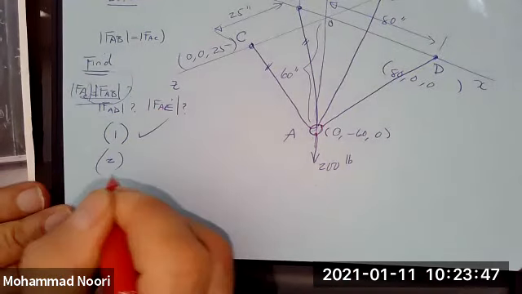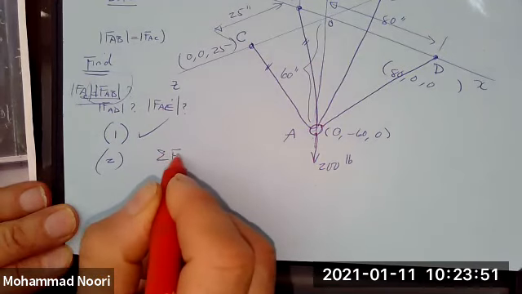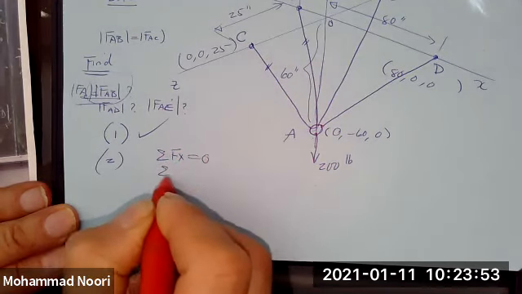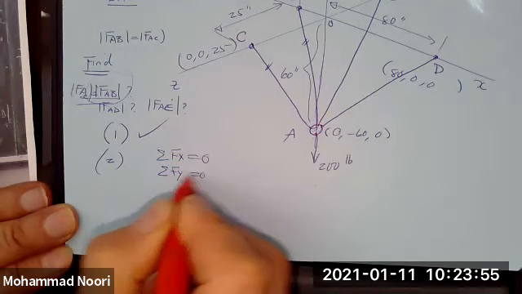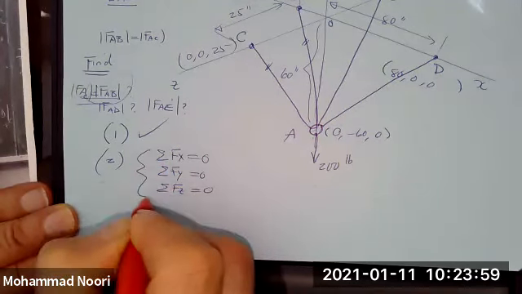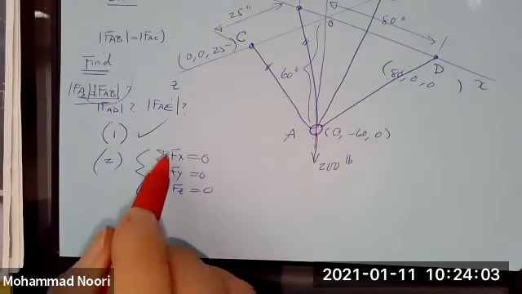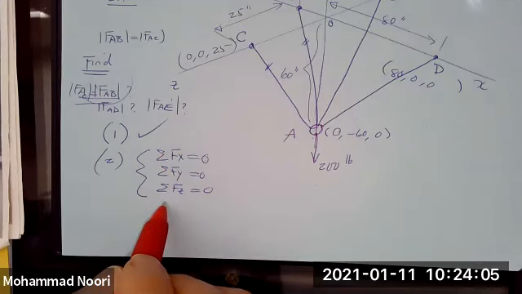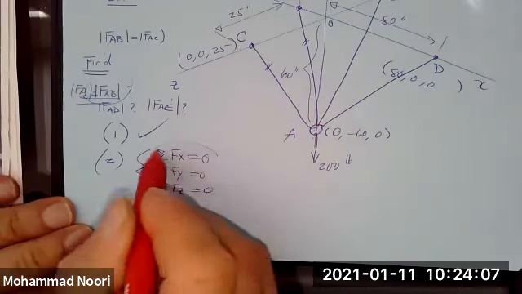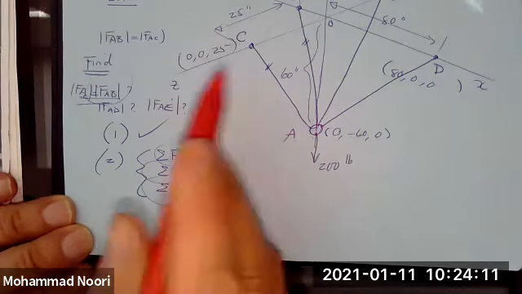The second step is we write down the equations of equilibrium. Summation of forces along x, y, and z equal to 0, okay? In order to apply these equations, what does this mean? That we need to find the components of each force.